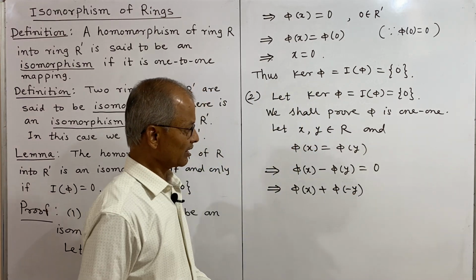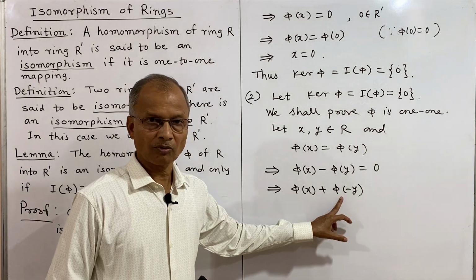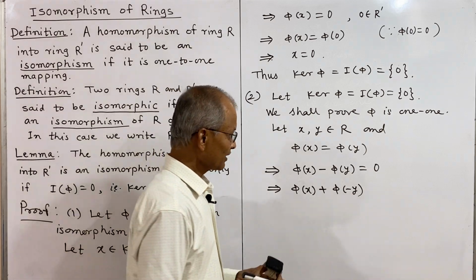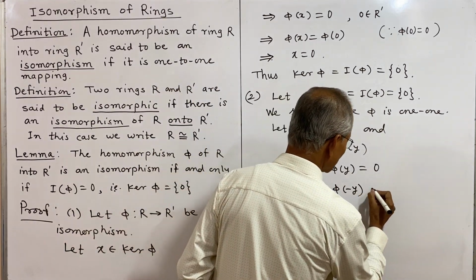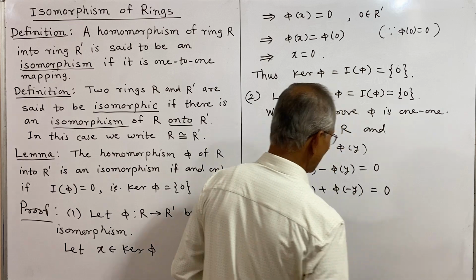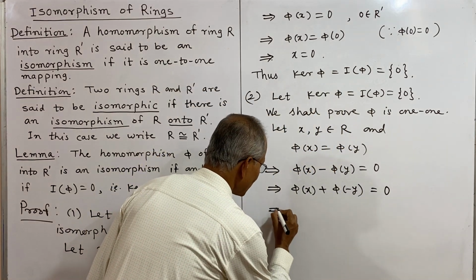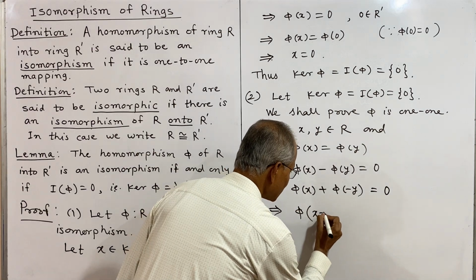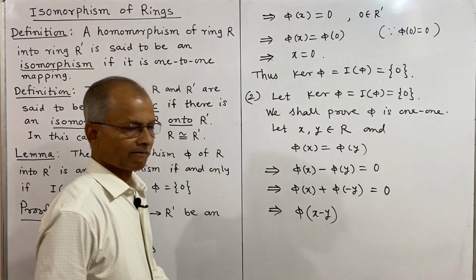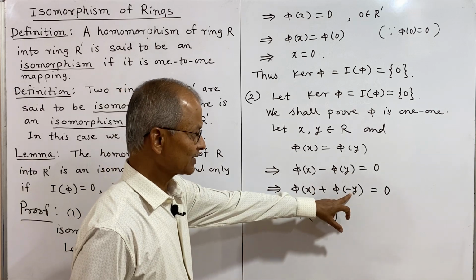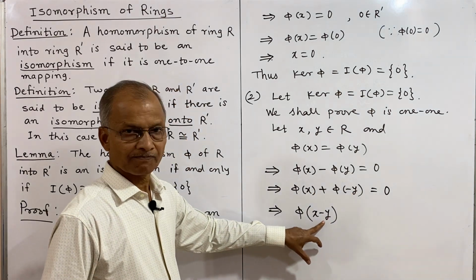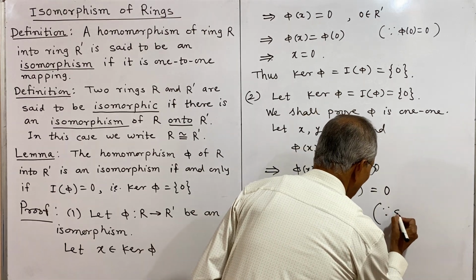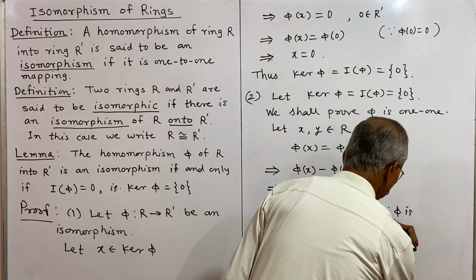This is the earlier lemma on homomorphism: phi of negative y is equal to negative of phi of y, and therefore we can write like this, and this is equal to 0. But because phi is a homomorphism, this can be written as phi of x plus of minus y, or that is phi of x minus y, and is equal to 0, since phi is a homomorphism.